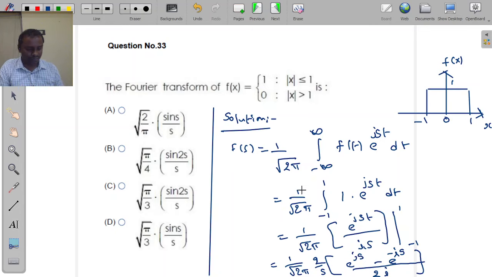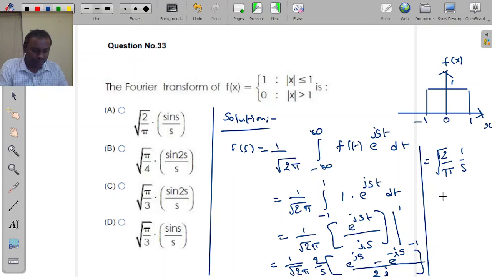So substituting this, that will become root 2 times under root 2 by pi into 1 by s into sin s.